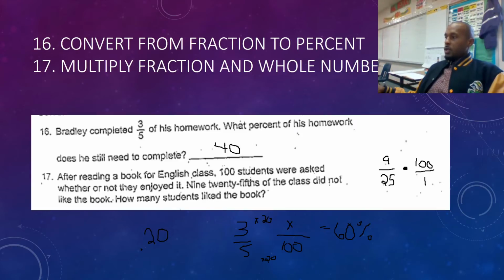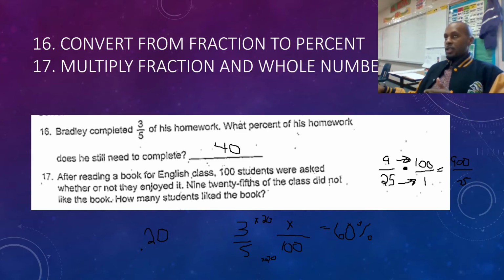How do I multiply fractions? Straight across. So that gives me 900 over 25. Now I divide 900 by 25. What's that going to give me? I know 100 divided by 25 is 4.